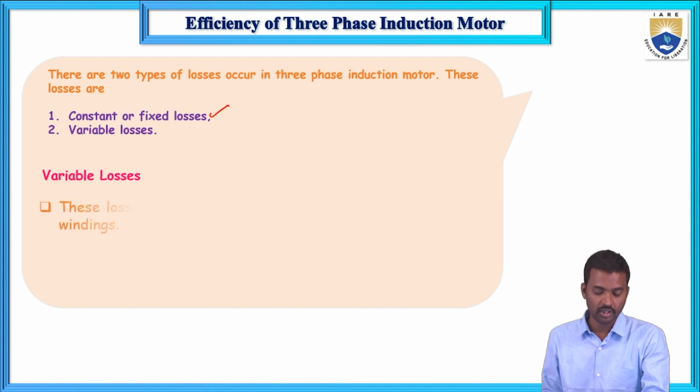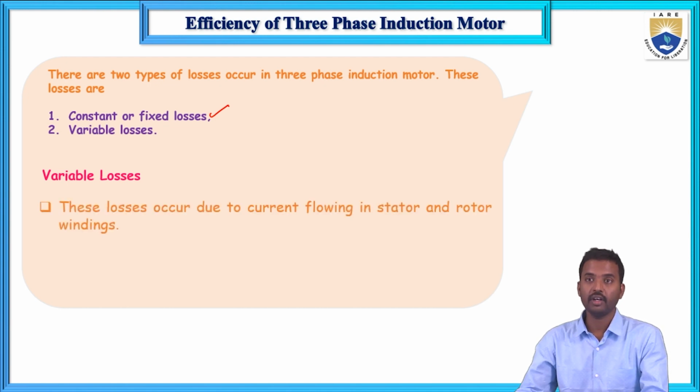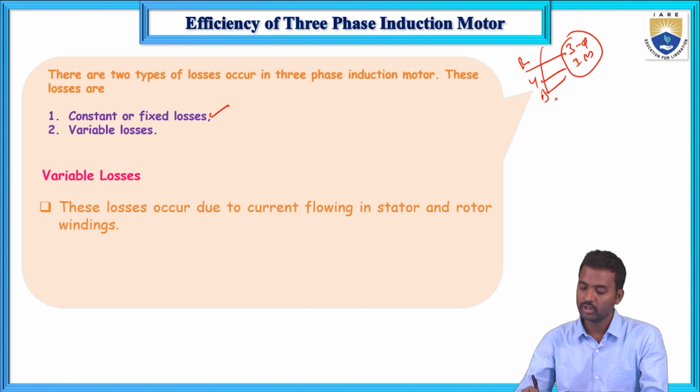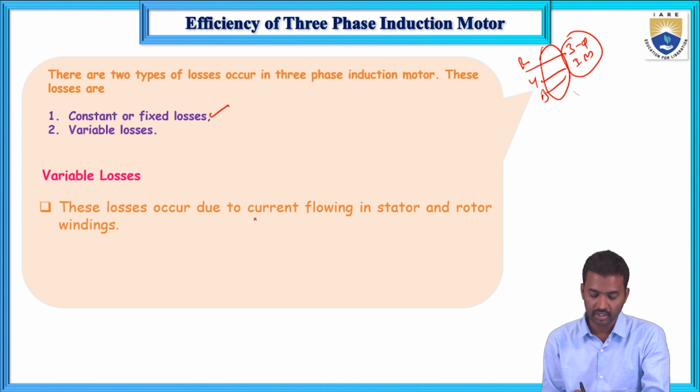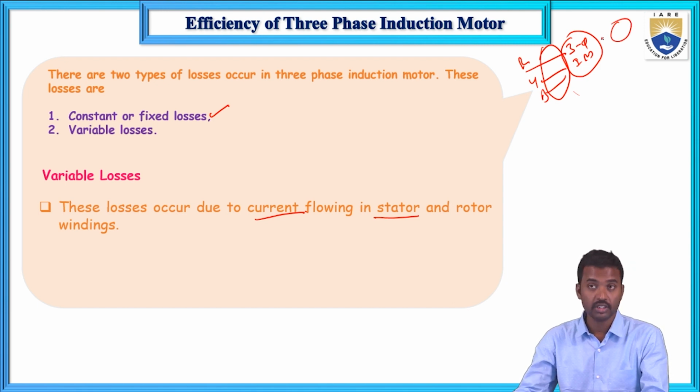These occur when current flows through the stator and rotor windings. This is a three-phase induction motor, R Y B, so the three-phase stator carries the winding. Because of that winding and current there is a loss, the stator winding loss. The rotor also has a winding, and because of the rotor winding current there is a loss as well.